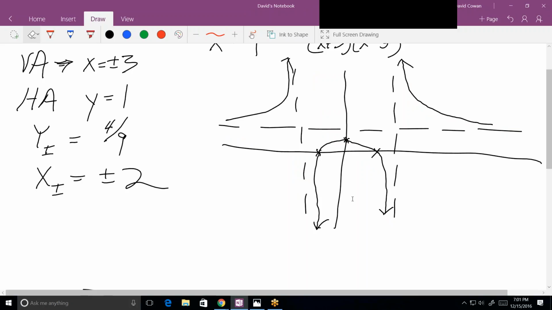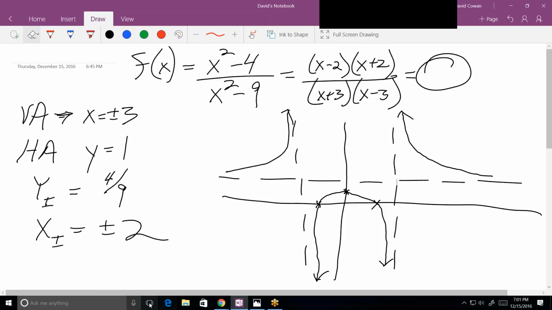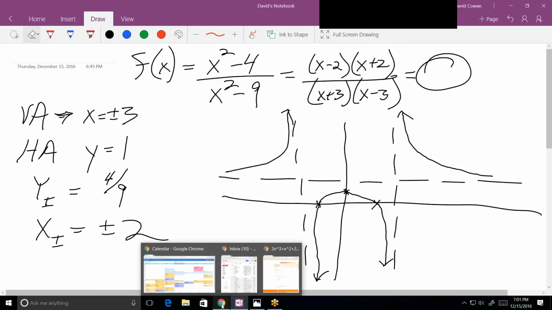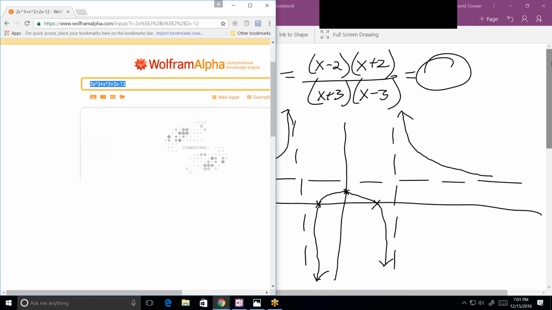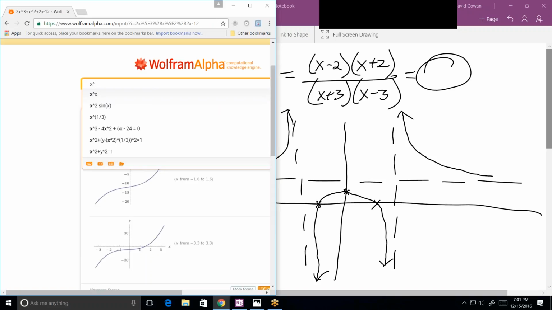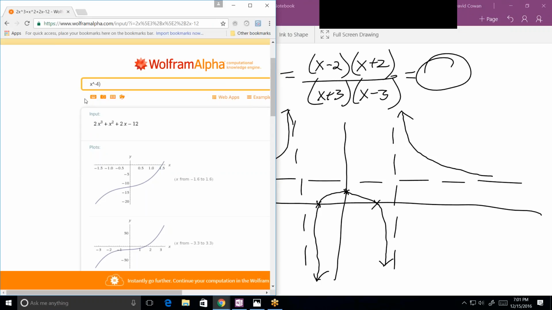I know we're at 7 o'clock, but let me just graph this. It'll take me 2 seconds. Just make sure that we're looking at a correct curve here. X squared minus 4 divided by x squared minus 9. X squared minus 4 in parentheses. Oh, you forgot the square piece. I did, didn't I?